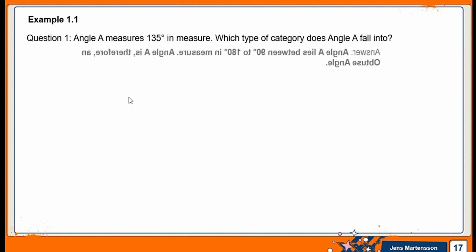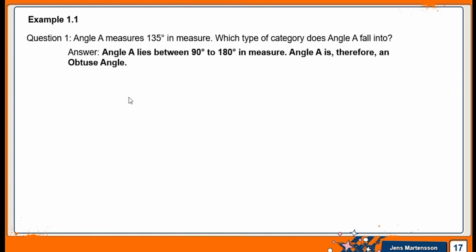So the answer is, angle A lies between 90 degrees to 180 degrees in measure. Angle A is therefore an obtuse angle. Because as the question says, in question number 1, angle A measures 135 degrees. Which type of category does angle A fall into?